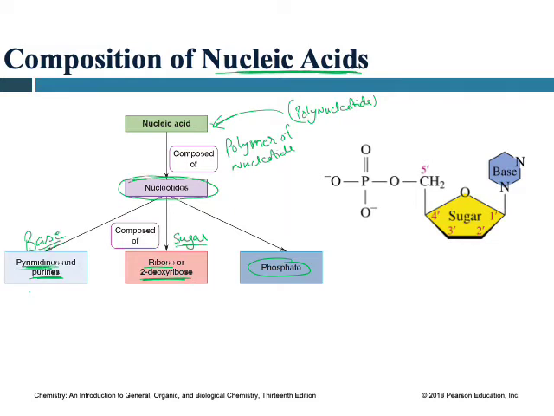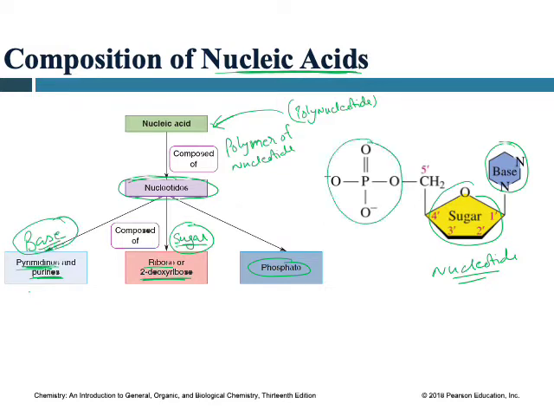This is the structure of a nucleotide. You can see you have a sugar, which is one component. Then you have a base, which can be a purine or a pyrimidine. Then you have the third component, the phosphate. So a nucleotide is made up of all these three components together.